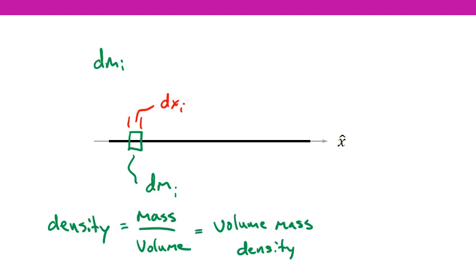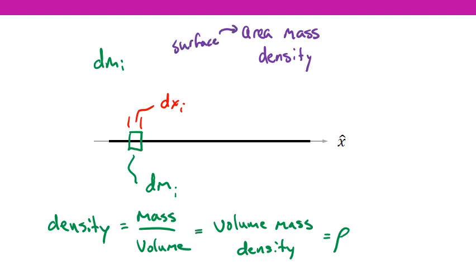Its length is dx. So I need something that when I multiply by dx, I get a little mass. So I don't want a volume mass density, which, by the way, we usually denote as rho. What else could I do? Well, if there's a volume mass density, maybe there is an area mass density, although usually we call it surface mass density.